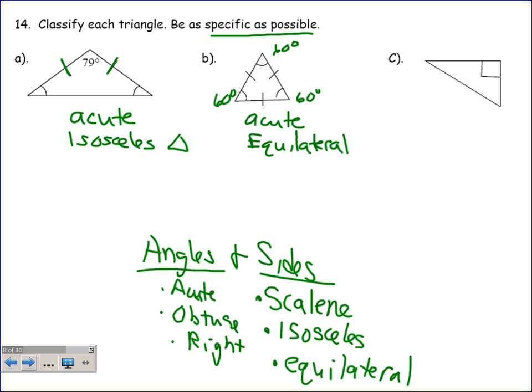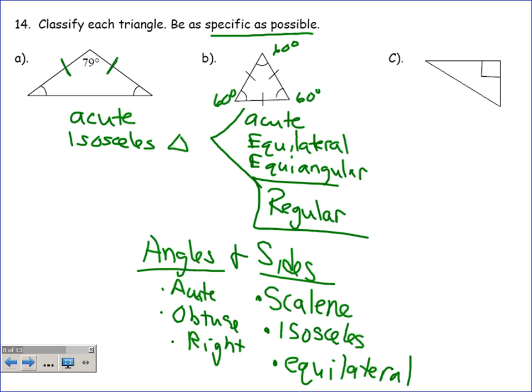What else? It's also equiangular. If you say all three of these, if you say regular, that's the best you can say. So all you need to do is write regular.